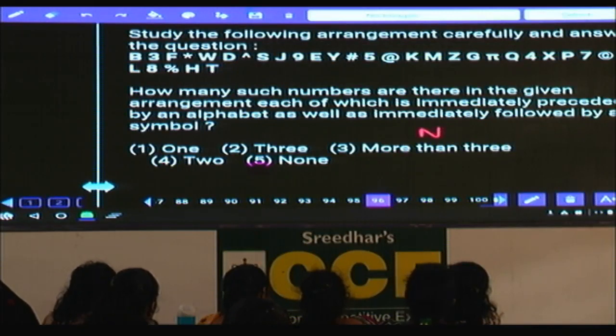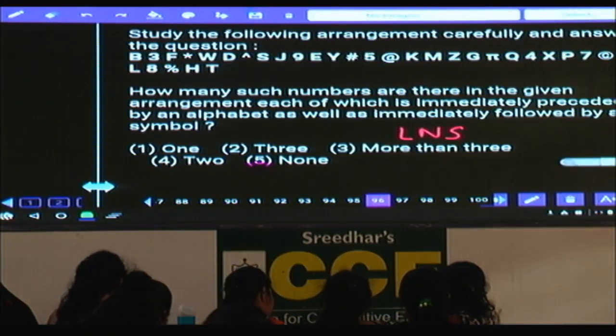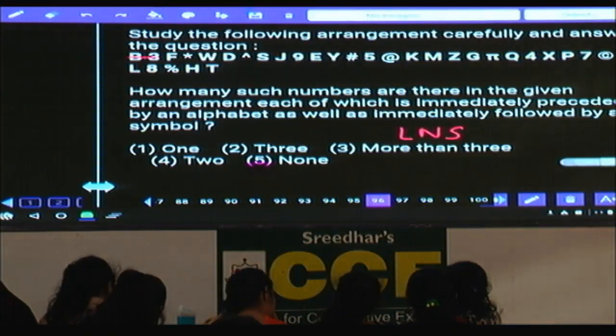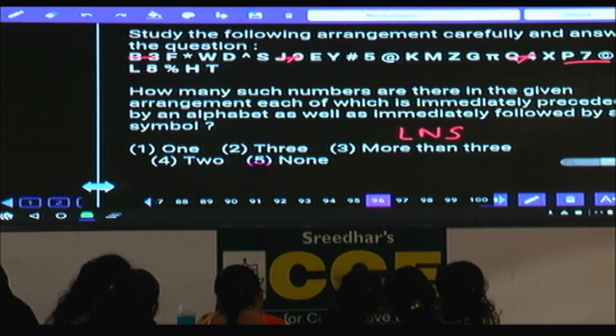Numbers, each of which is immediately preceded by a letter and followed by a symbol. Letter, number, and symbol. Letter, number but not symbol. Next one, letter, number but not symbol. Next one, letter and number but not symbol. Letter, number and a symbol. So how many do we have? We have only one. What is that one?